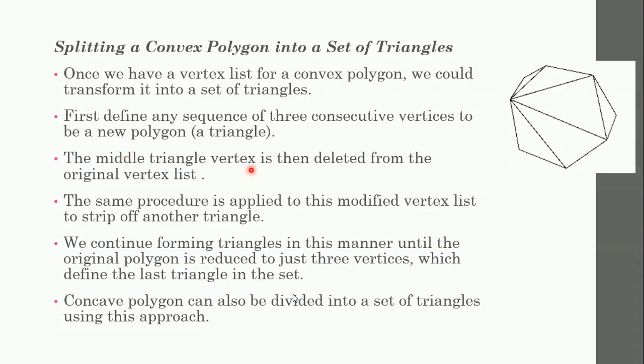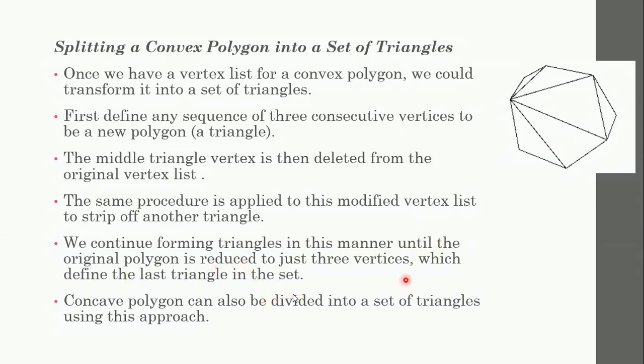The middle triangle vertex is then deleted from the original vertex list. The same procedure is applied to this modified vertex list to strip off another triangle also. We continue forming triangles in this manner until the original polygon is reduced to just three vertices, which define the last triangle in the set.